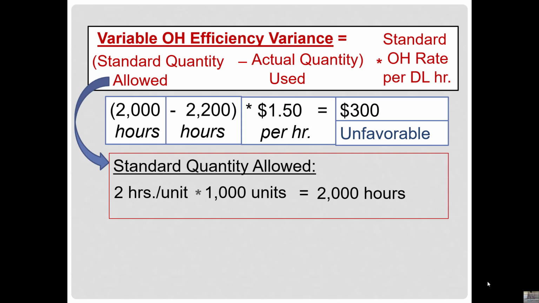We used too many hours, which caused us to incur too much electricity, extra supplies costs. This is trying to measure the impact of using an extra 200 hours and what impact that had on the variable overhead cost incurred.